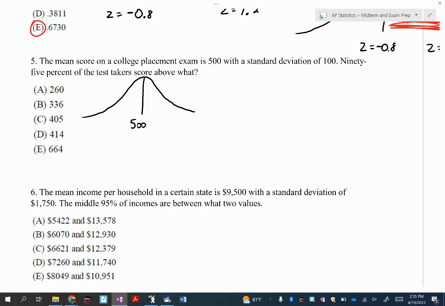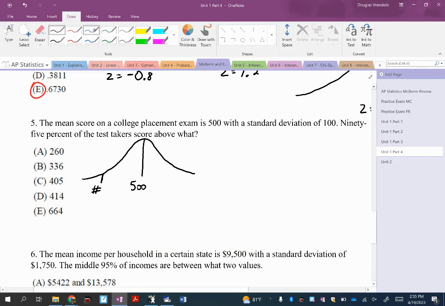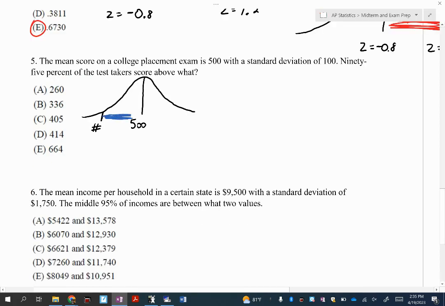But really, the way I'm reading this is it says 95% of the test takers score above what number? So I put some value here, I don't know what it is, some score. And if I shade to the right, right above it, see how it's in blue? What does this area in blue need to be according to this problem?